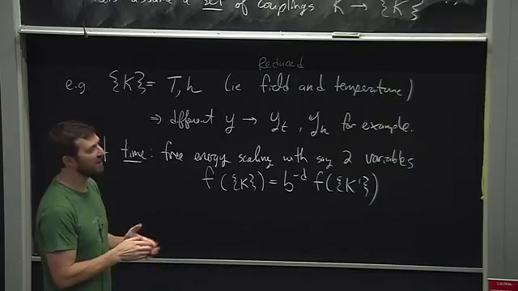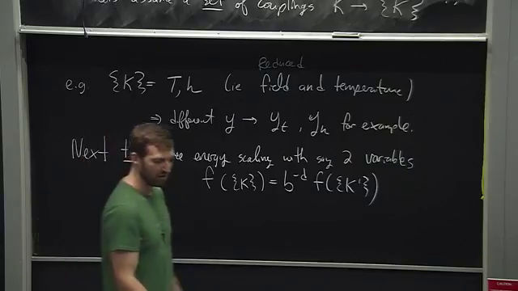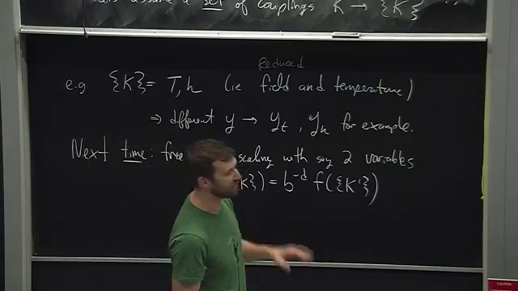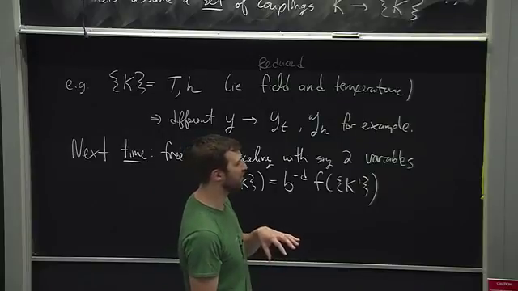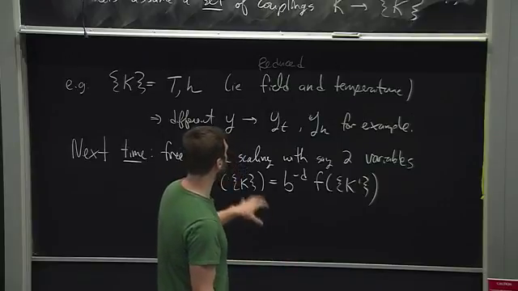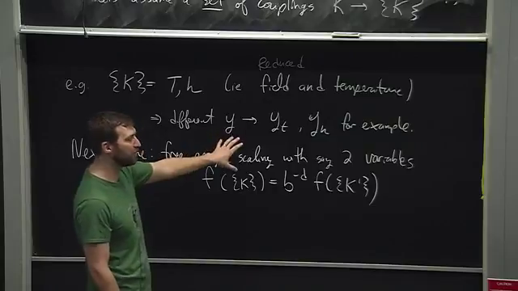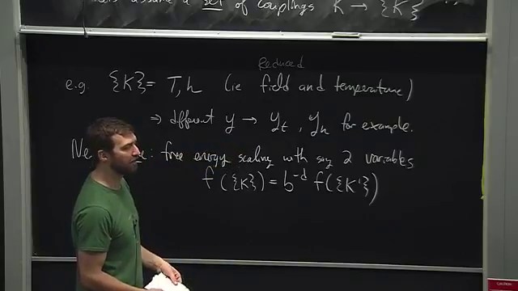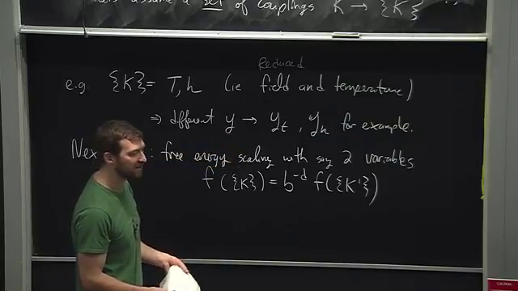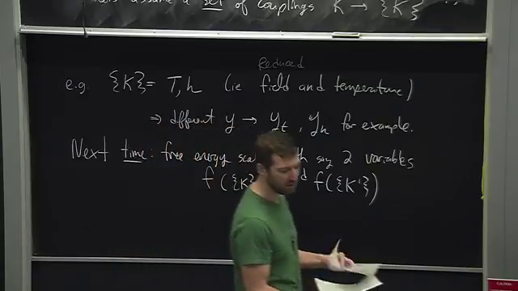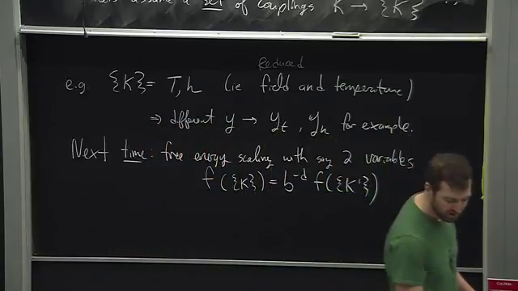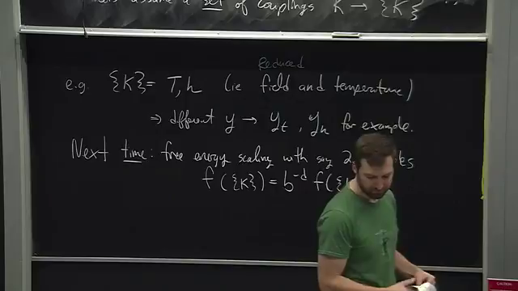So that's what we'll do next class. We'll derive the relationship between all the known exponents, all the ones that we've already talked about, in the case where we have these two variables. And then I'm going to derive finite size scaling functions, which we'll use on your computational assignment.